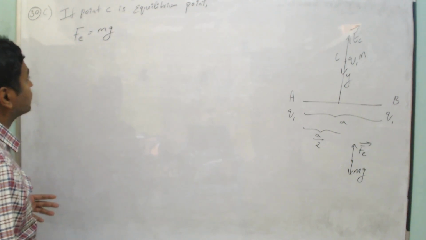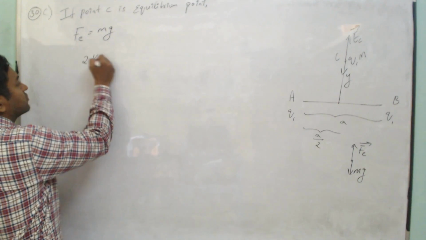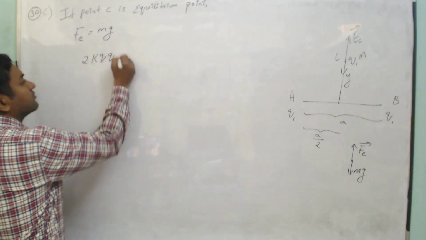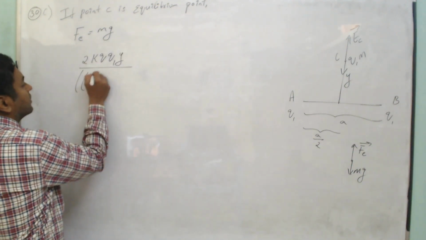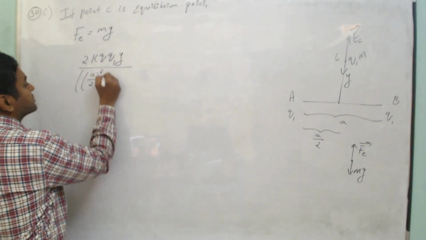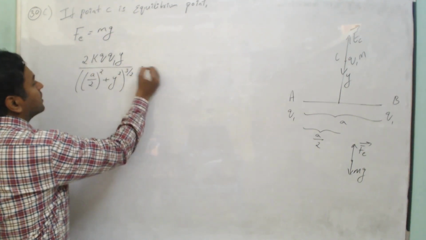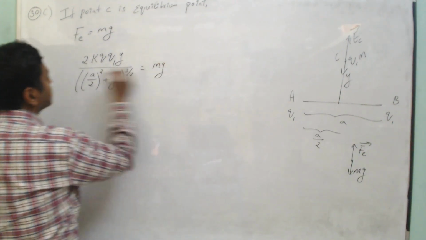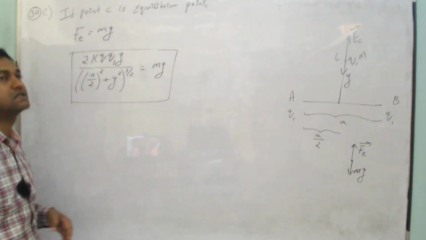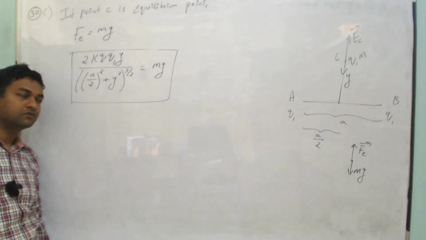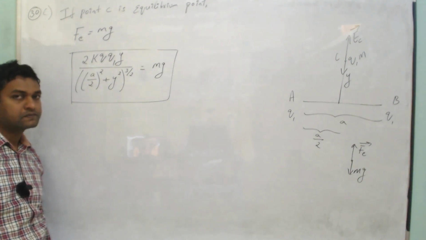What is the magnitude of electrostatic force? We already know it. We wrote it just now. 2kqq1 y upon a by 2 square plus y square whole to the power 3 by 2. And this should be equal to mg, which is the gravity. Is this clear?